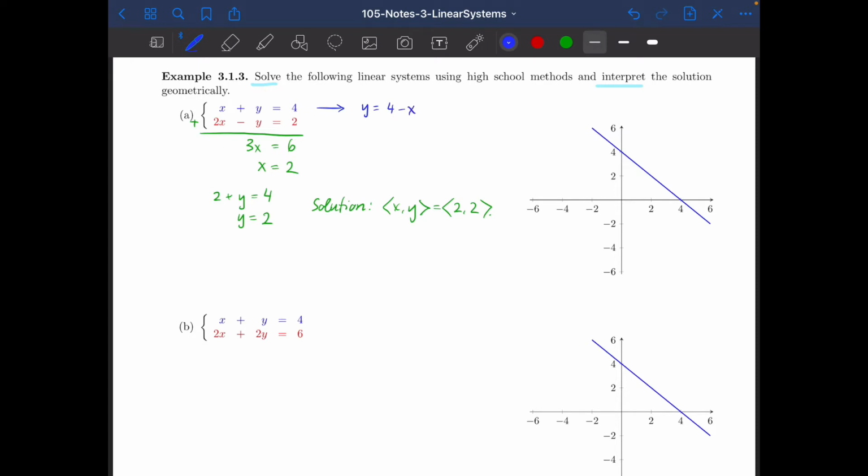And so this is a line with a y-intercept at 4 and a slope of minus 1. And that one is actually already drawn. What about the red line? If we solve for y in the equation for the red line, we have y equals 2x minus 2. And so this line has a y-intercept of minus 2 and a slope of 2.